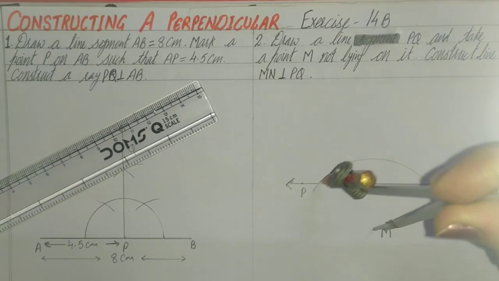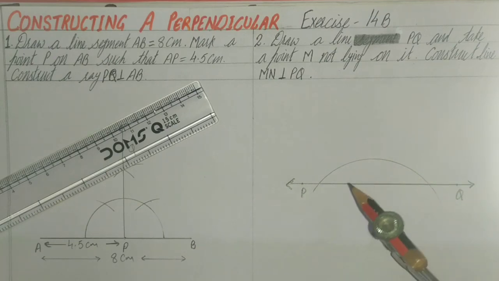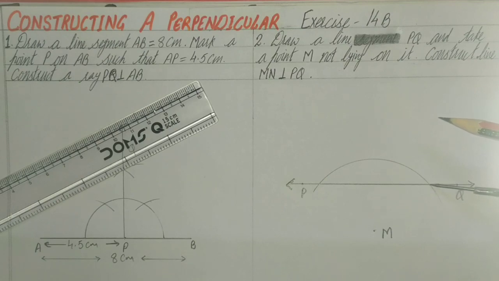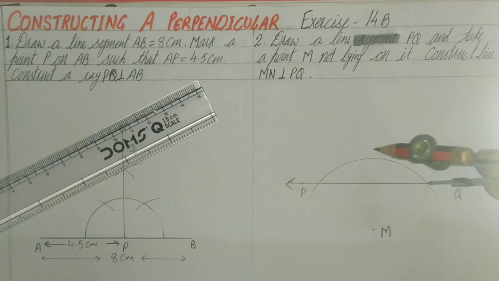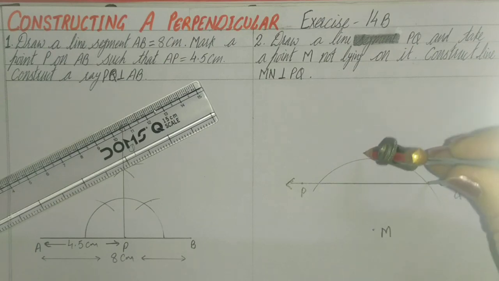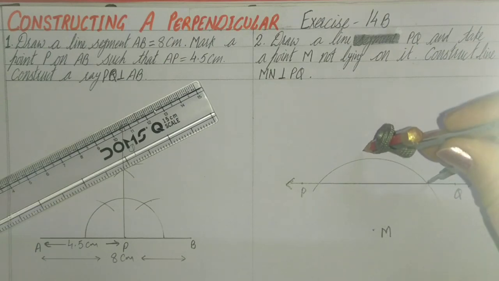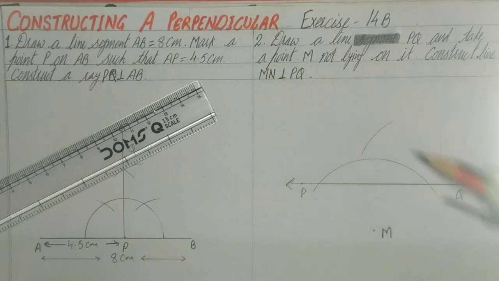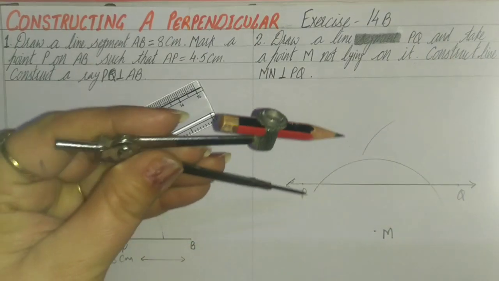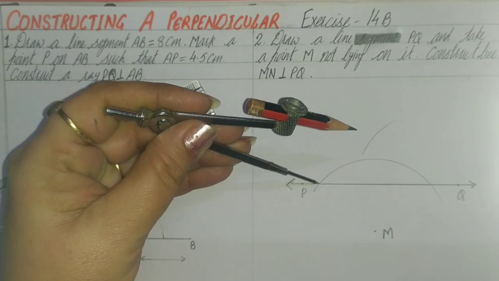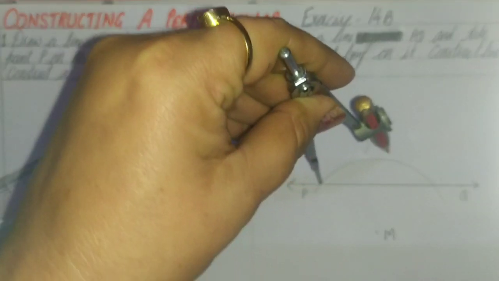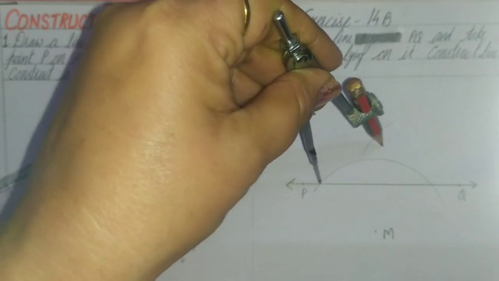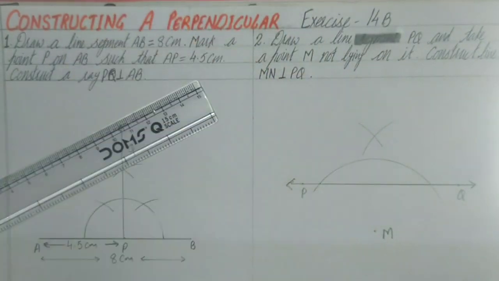Then put the pin of your compass at this point of intersection of the arc and the line, and mark a convenient arc in the upper part of the previous arc. Then put the pin of your compass at the other point of intersection of the arc and the line and intersect the previous one, this one.